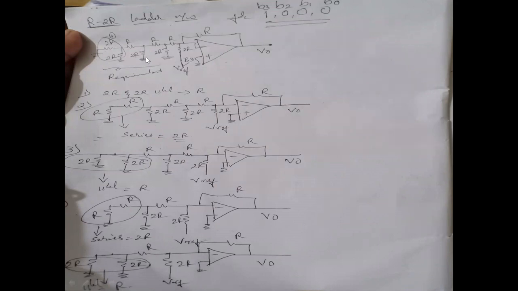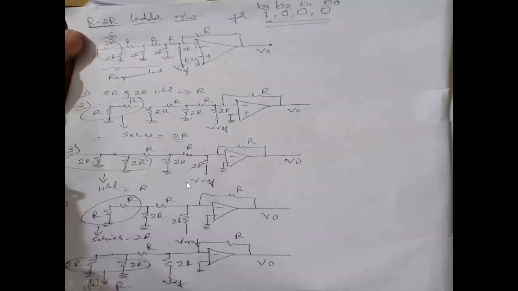In that case, what would happen? Similarly you have to derive it. When you derive it, you will obtain the output as V reference by 4 into minus RF by R into B2, when binary input B2 is high.